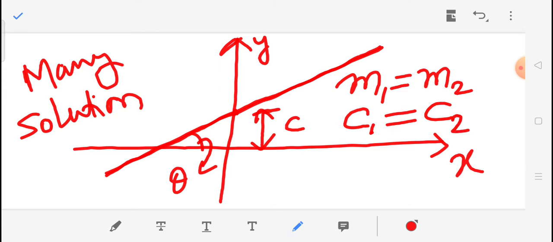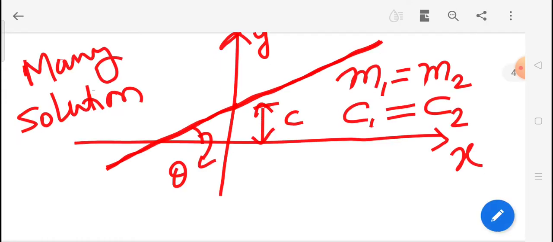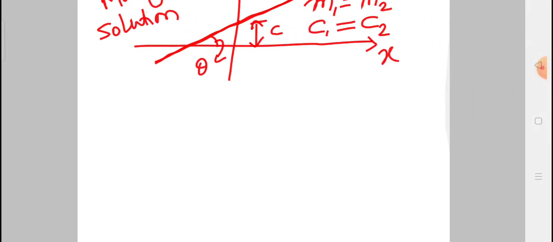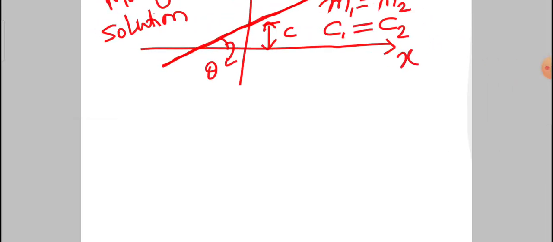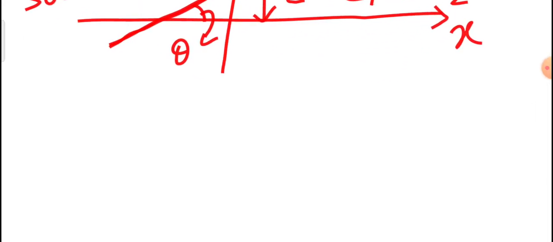Now we will work with these conditions only. The slopes are equal, the intercepts are equal. Now let us move and discuss the third part, that is the inconsistent system of equations, that is the case of no solution. So let us discuss that also.